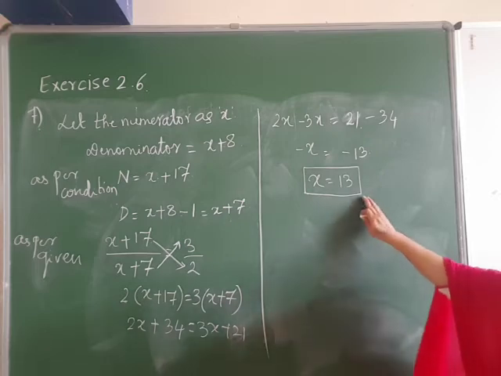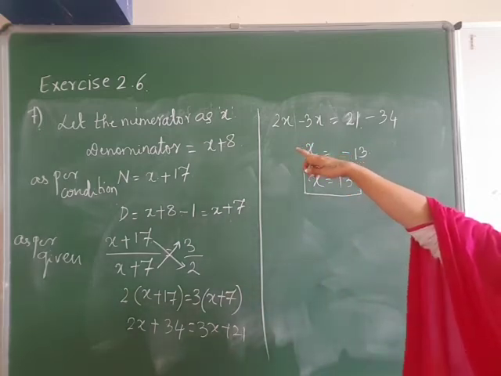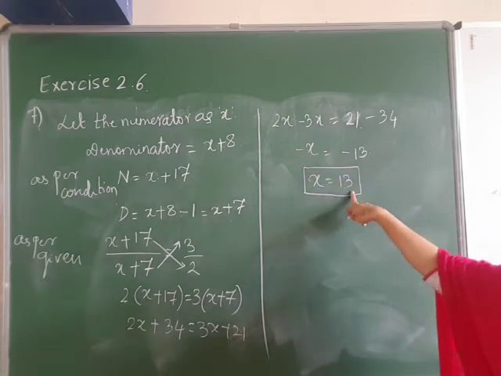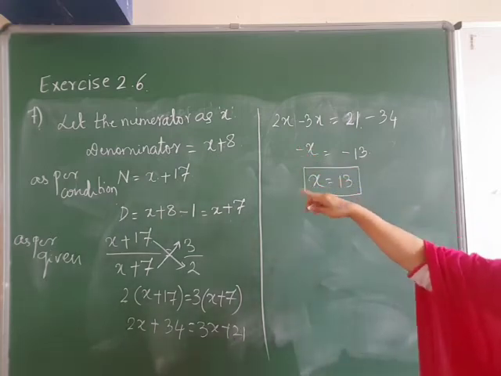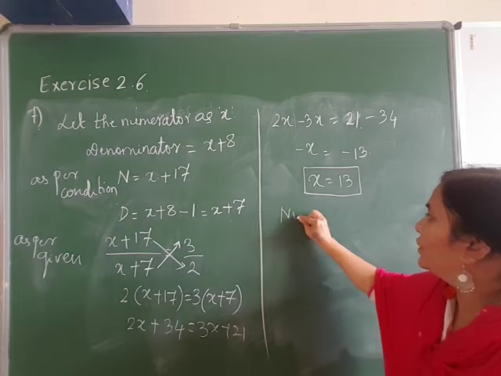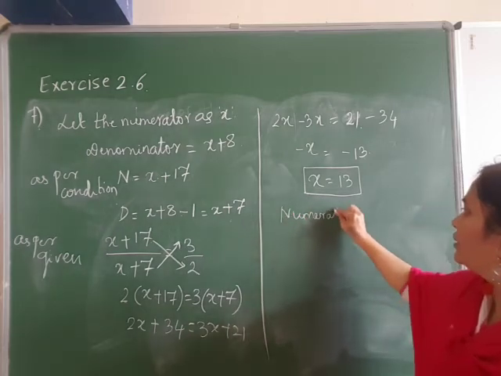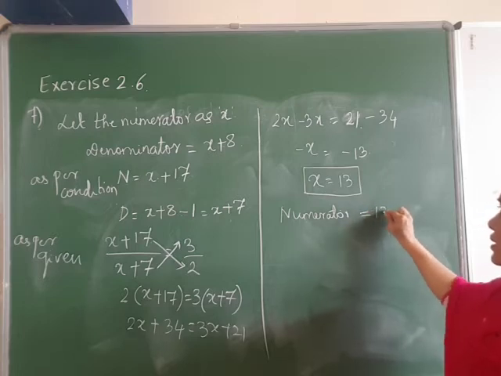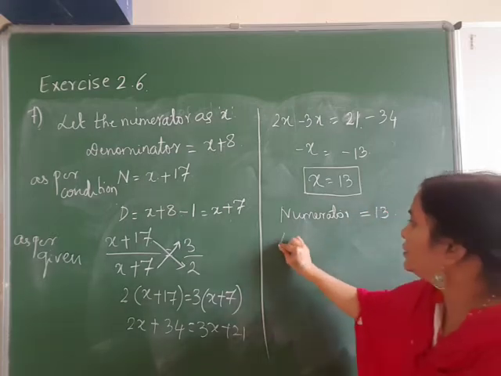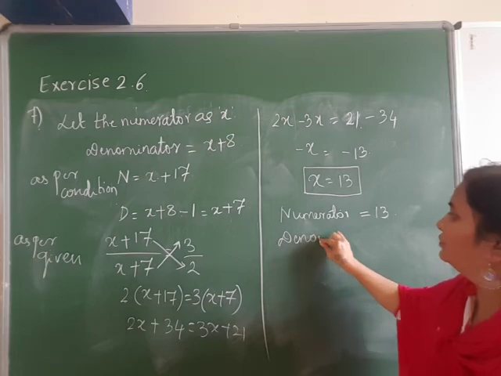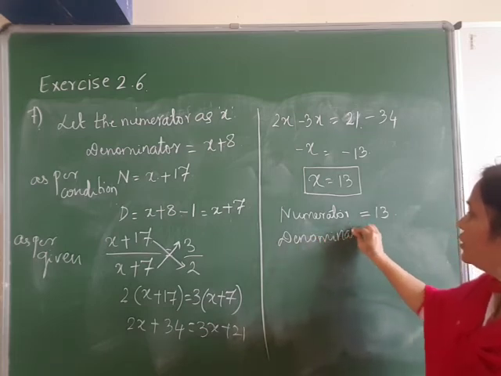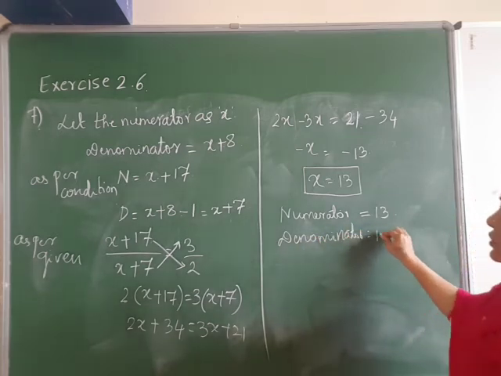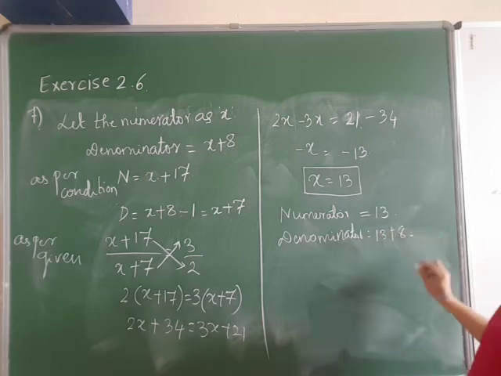Now we got the value of x as 13. So what we have considered, let the numerator be x and the denominator be x plus 8. Therefore the numerator is 13 and the denominator is 13 plus 8.